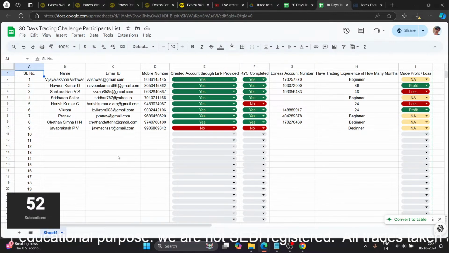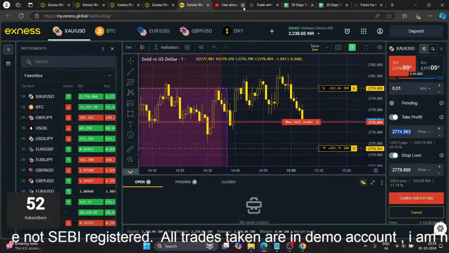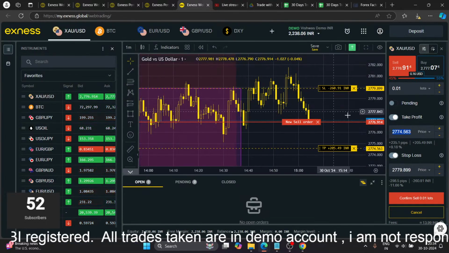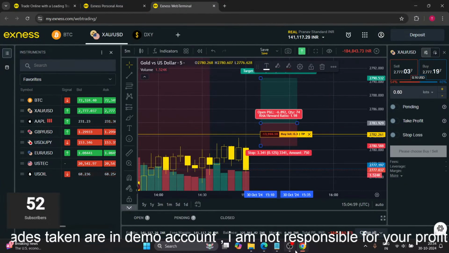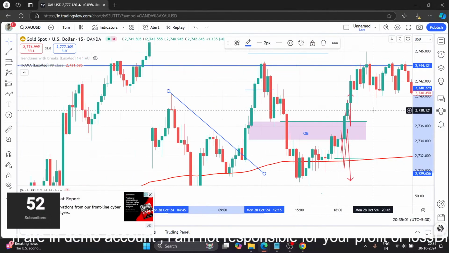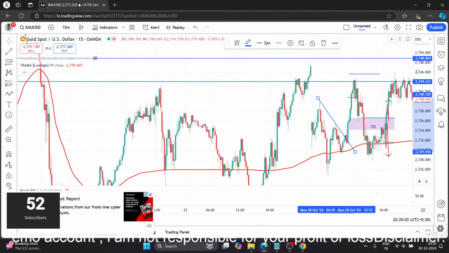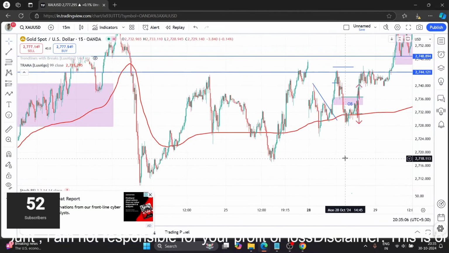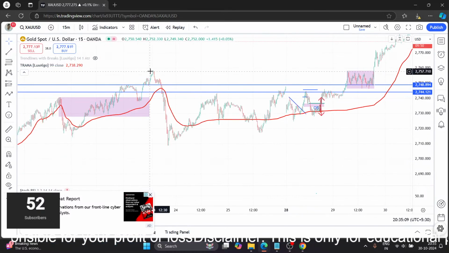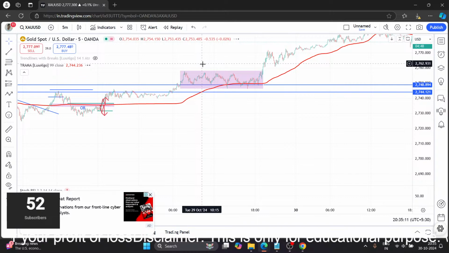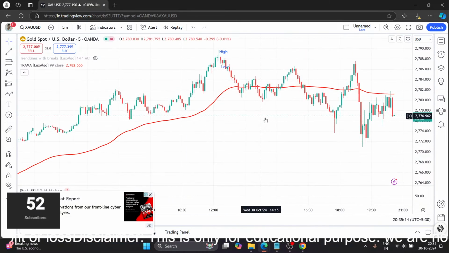Okay, how to identify an OB, order block? See, an order block, in simple terms, is actually support or resistance. As you get experience in the market, I have been watching gold for almost 1 year now, so I know where exactly it will take support and resistance.